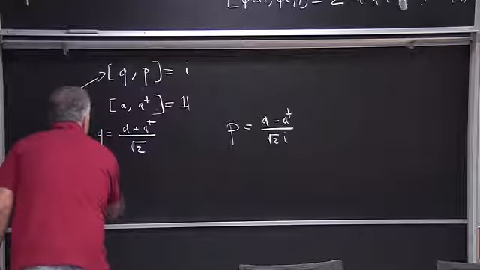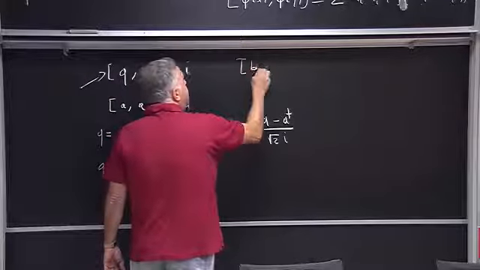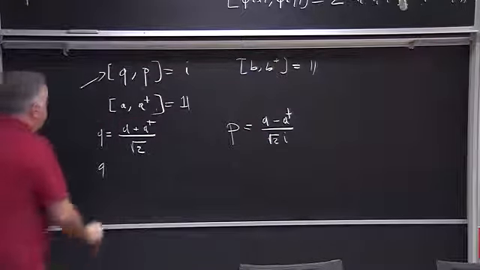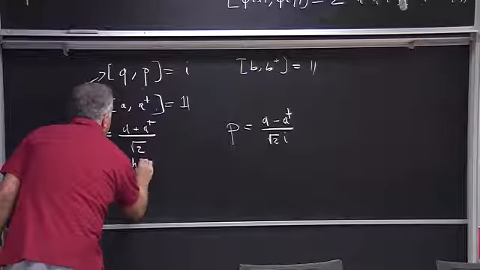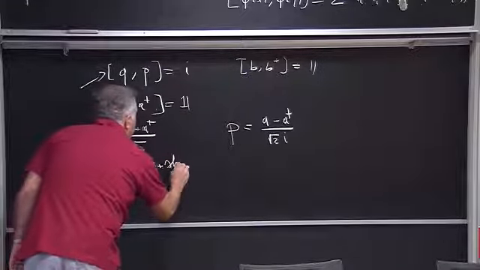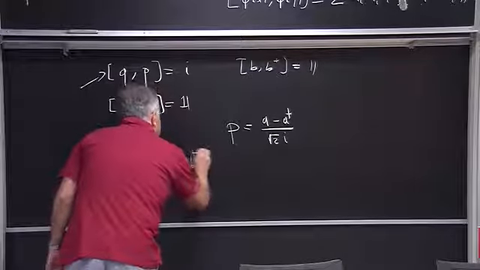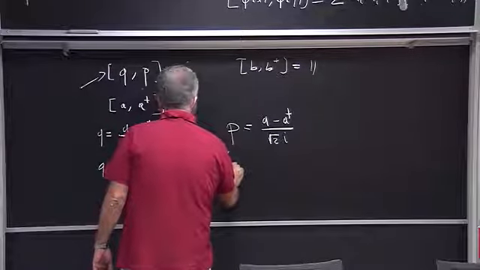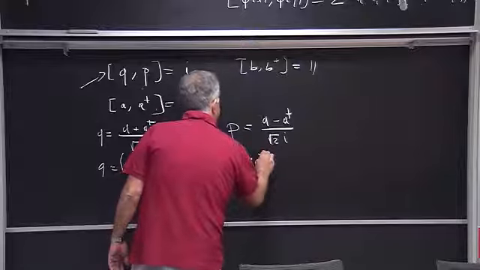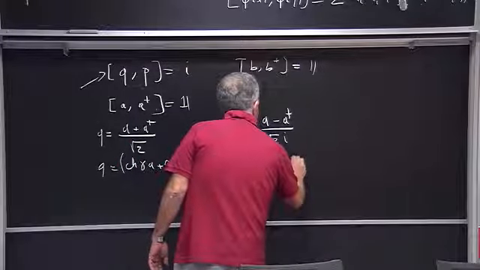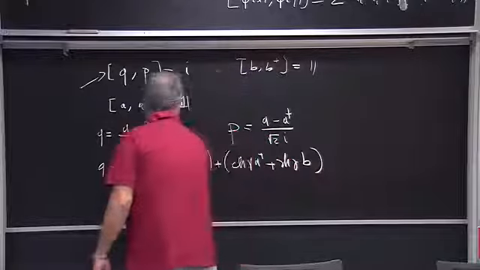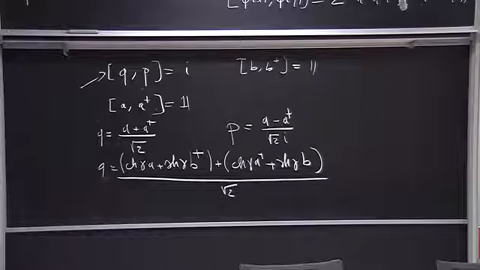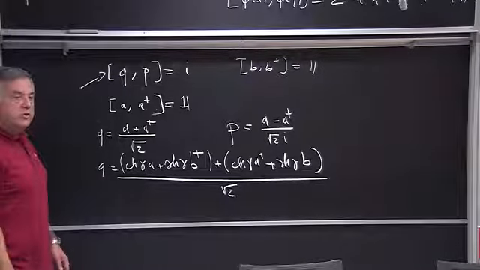You can introduce a second pair of creation annihilation operators and a parameter, and the same rule you apply to P, you can verify that this also satisfies the commutation relation.